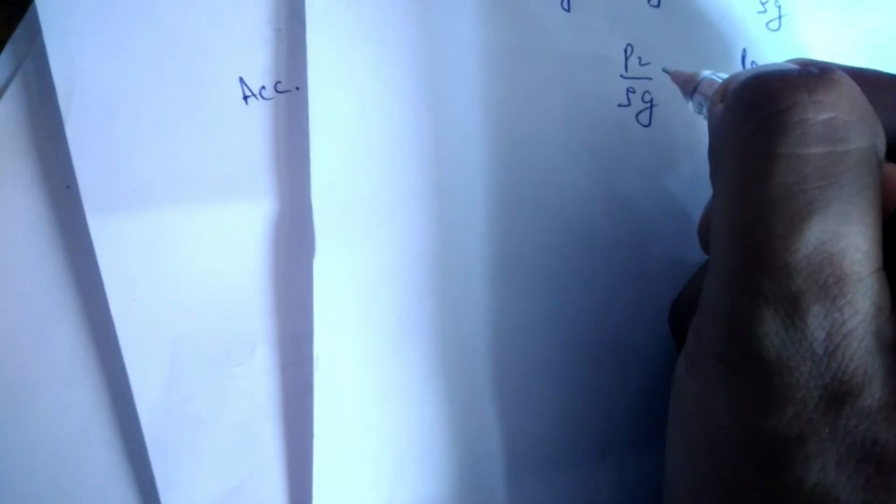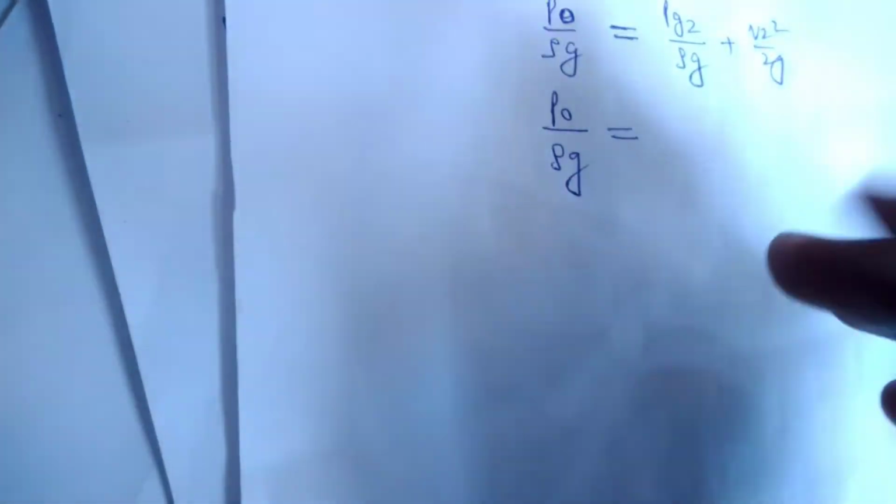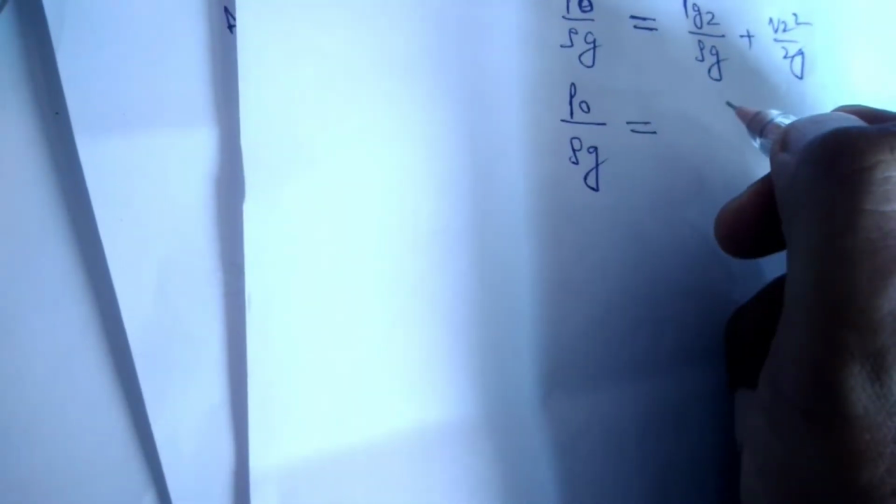Here we have to calculate P2, which is PO. PO upon rho g is equal to Pg2, so this is P atmospheric upon rho g plus V2, 25 into 25, upon 2g.